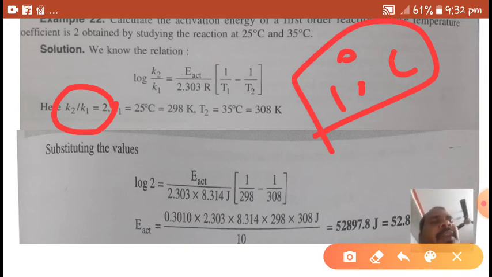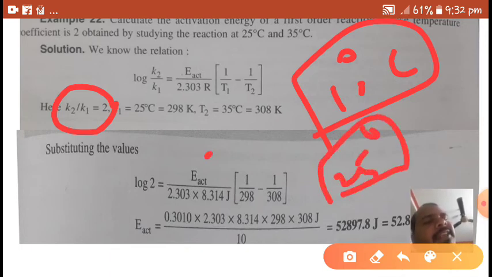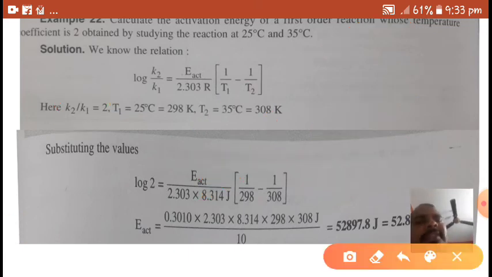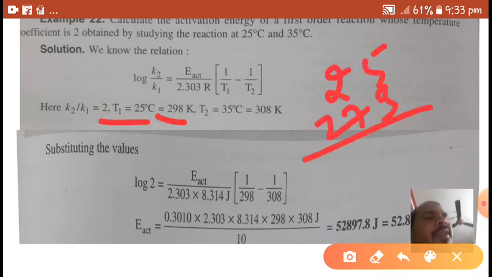That means if K1 is at 25 degrees centigrade, K2 is at 35 degrees centigrade, so this is a 10 degree difference. K2 by K1 is the temperature coefficient, which is 2, given in the problem itself. T1 is 25 degrees centigrade. It is in degrees centigrade, so we have to convert it to Kelvin by adding 273. Then it will be 298 Kelvin.